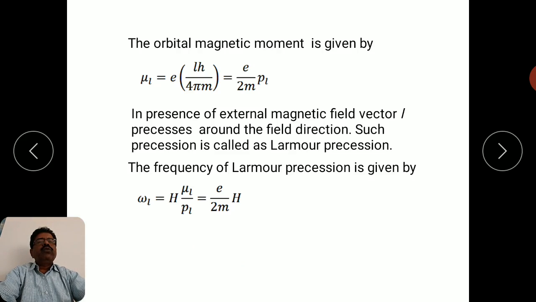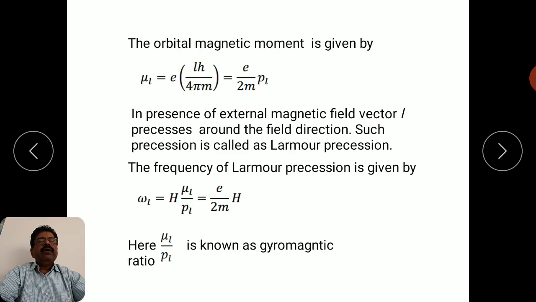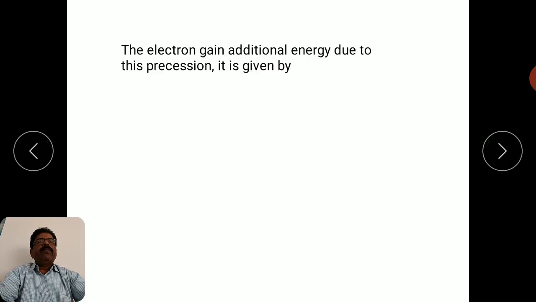If you substitute mu L as e upon 2m into PL, this PL and PL will get cancelled. So omega L is simply equal to e upon 2m into h. Now here this ratio mu L upon PL is known as the gyromagnetic ratio.